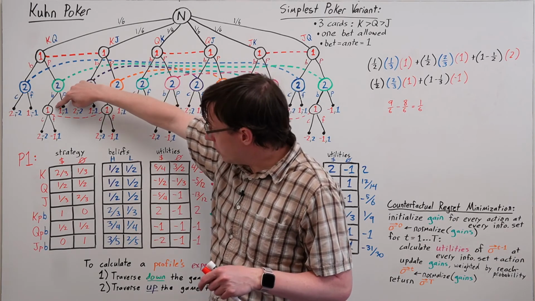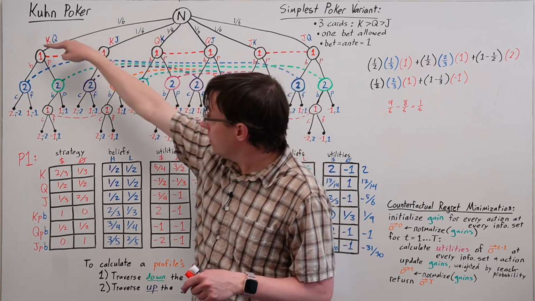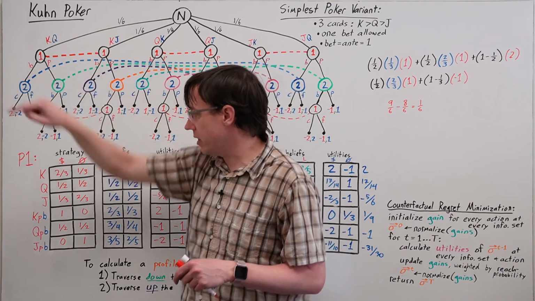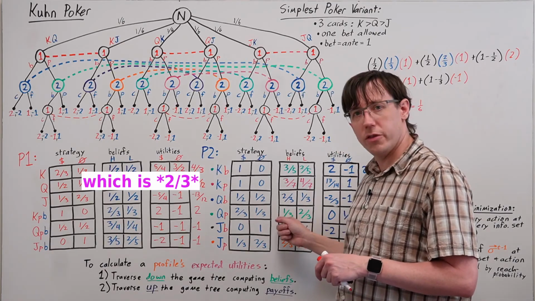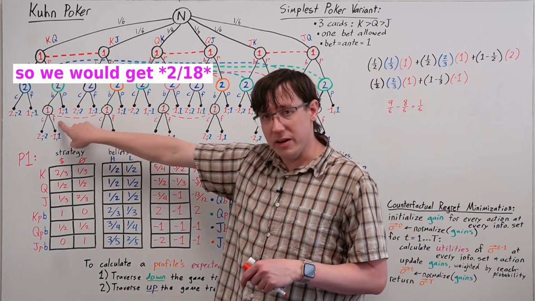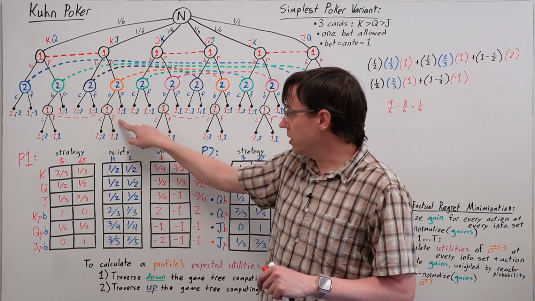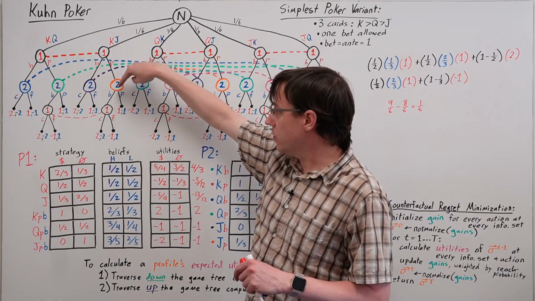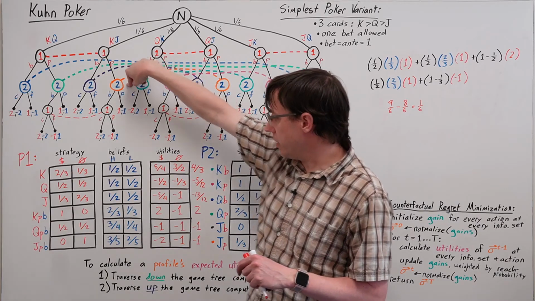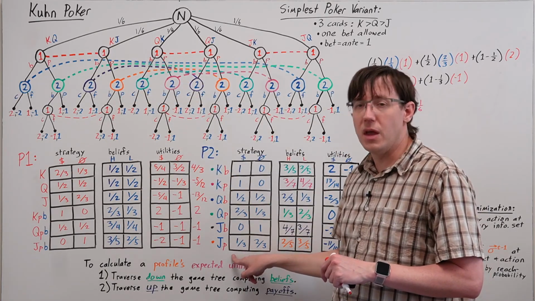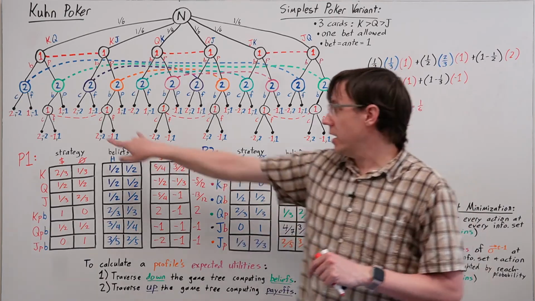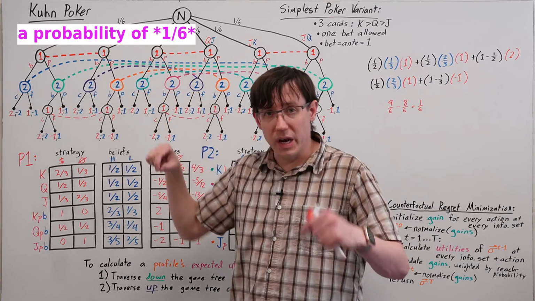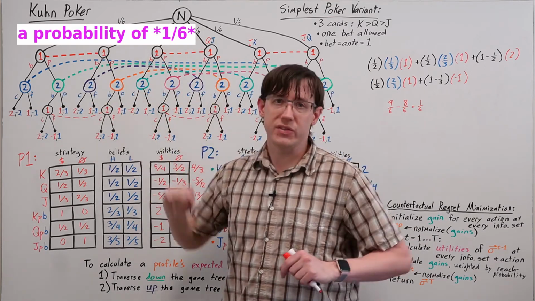So for this node, we would get a probability of 1/6, skip this, and then we would multiply by player 2's probability of B, which is 1/3. So we would get 1/18 plus the probability of this node, which is 1/6, then we skip, times the probability of B from here, which is 1/3. So again, 1/18. Adding those up, we get a probability of arriving at this information set of 1/9 when player 1 tries to get there.